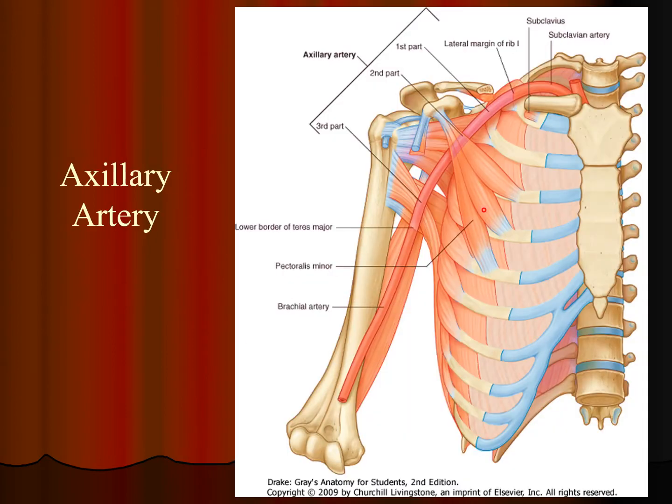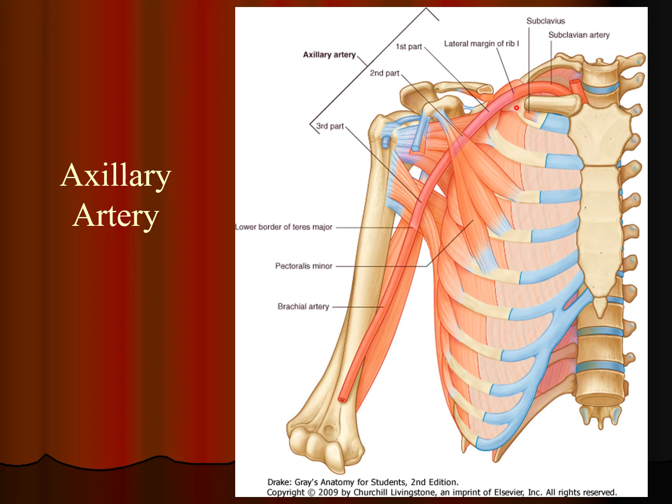As you can see here, this is the pectoralis minor muscle arising from the ribs and going towards the coracoid process. Here we can see the subclavian artery passing just below the clavicle, and this is our first rib.